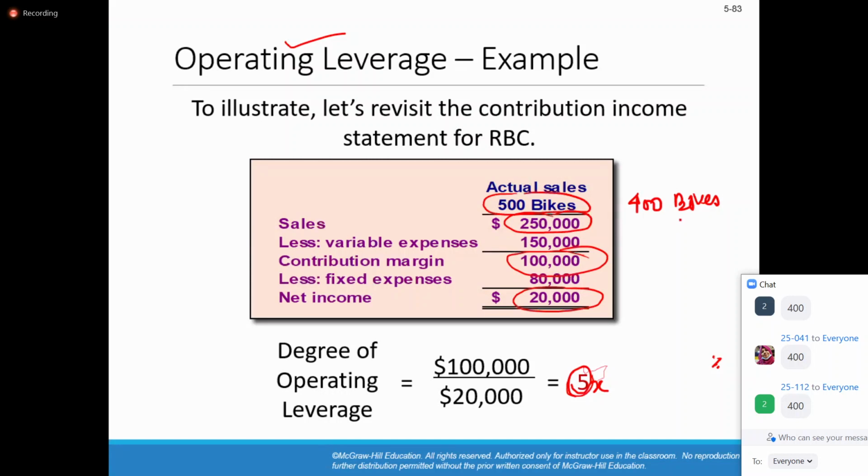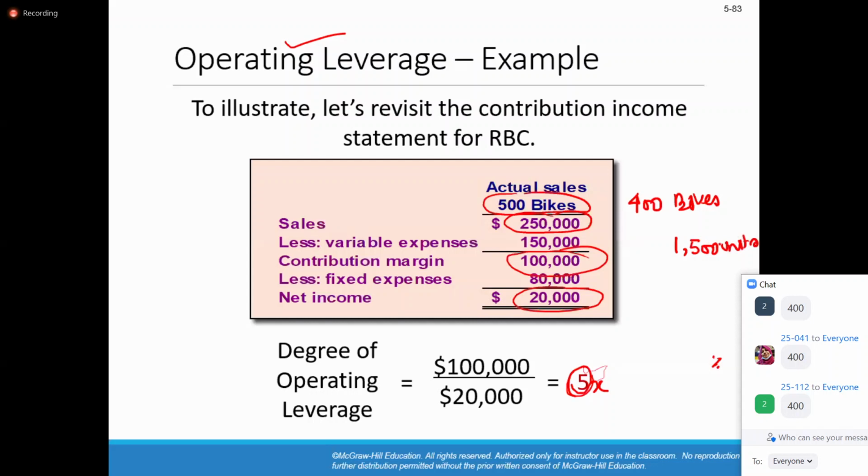Now let's think of if our actual sales is not 500, say it is 1,500 units.